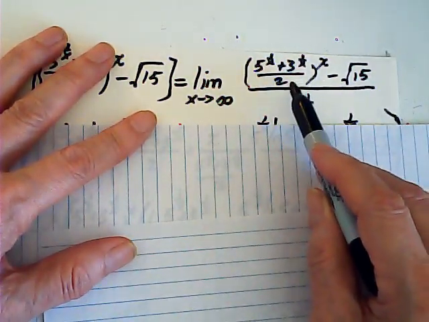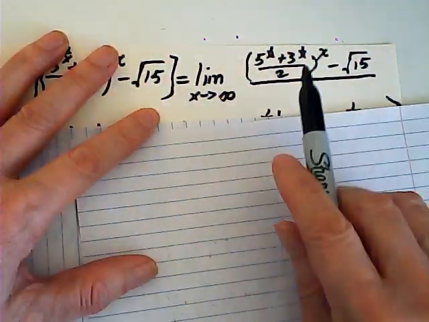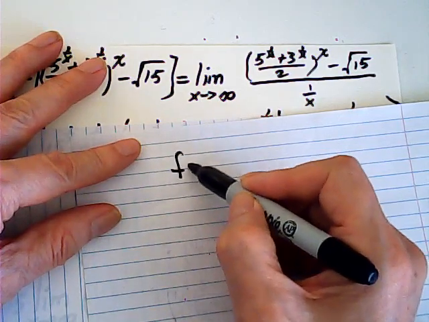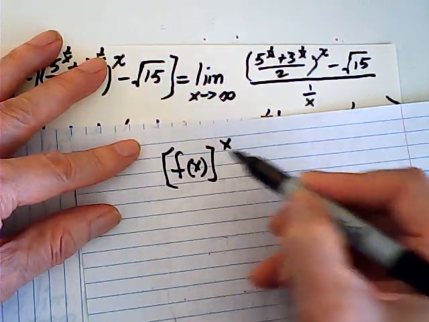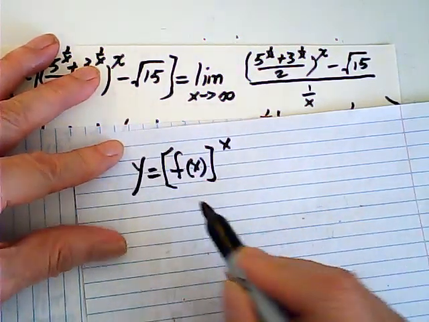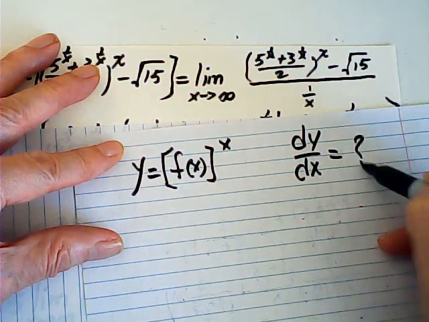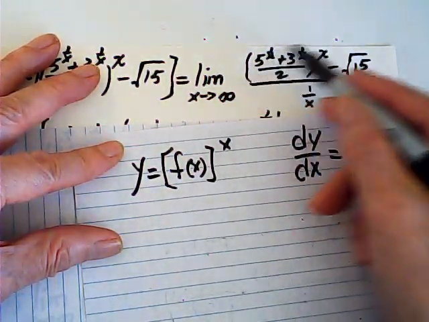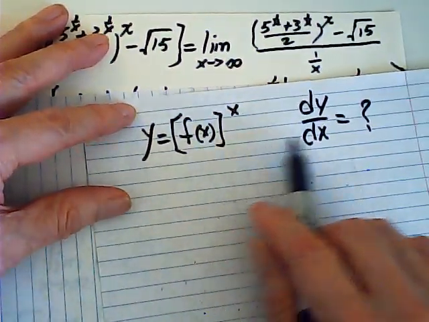Now, to find the derivative of this function, let me develop a formula. Take f of x to the power of x. This is y, right? We want to find dy dx, the derivative of this one with respect to x. I want to develop a formula first.